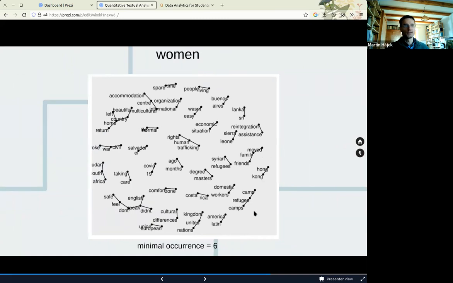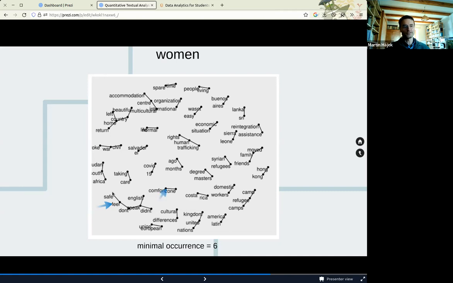And to go to women, we have also some interesting enlargement, or making it more accurate, that we don't feel safe. So it's definitely a concrete meaning, that it's about experience, not feeling safe.